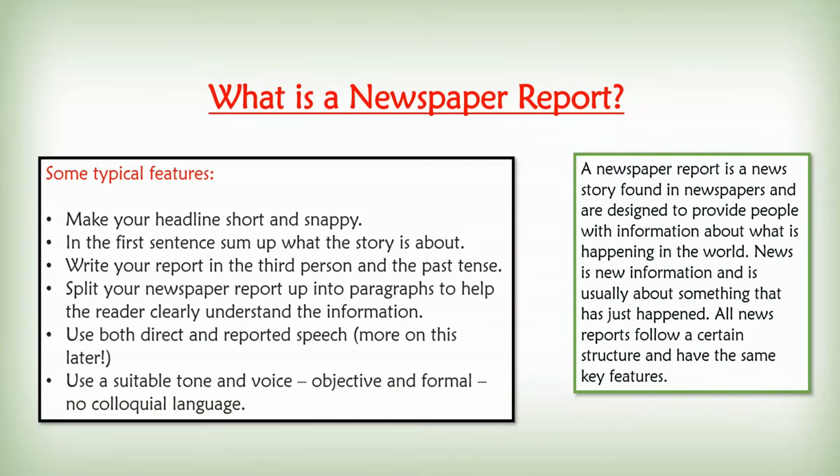You want to avoid that I voice. You want to try and remain as objective as possible. Split your newspaper report into smaller paragraphs to help the reader clearly understand the information. You are going to need to include both direct and reported speech, and more on this later.